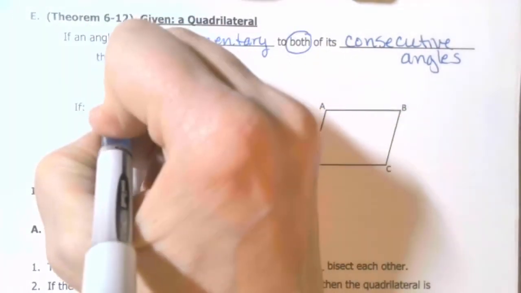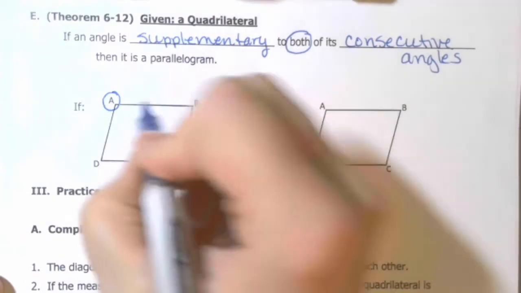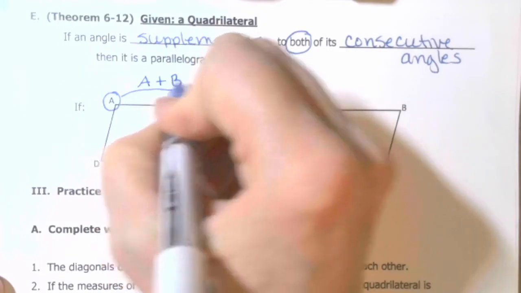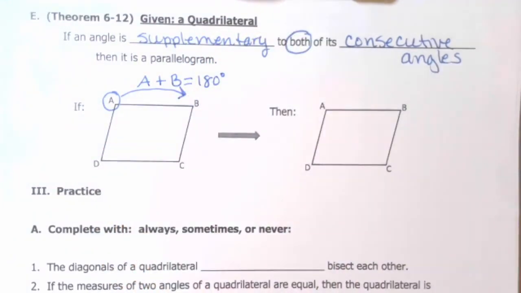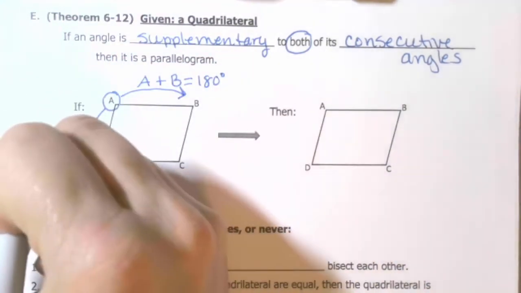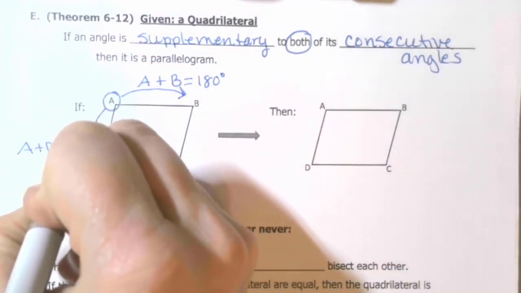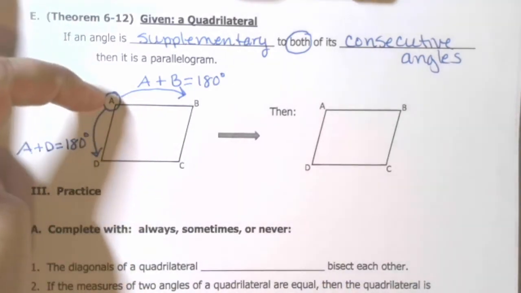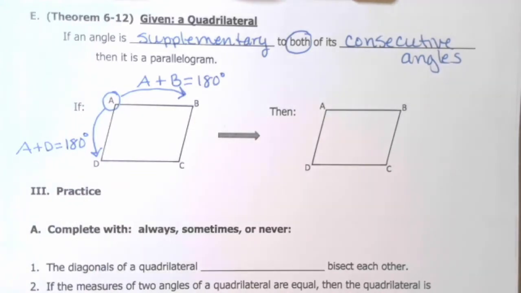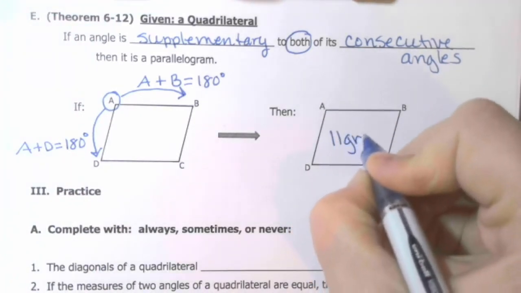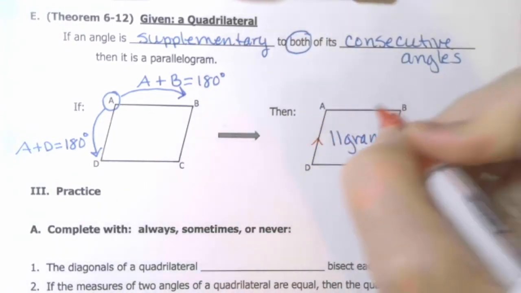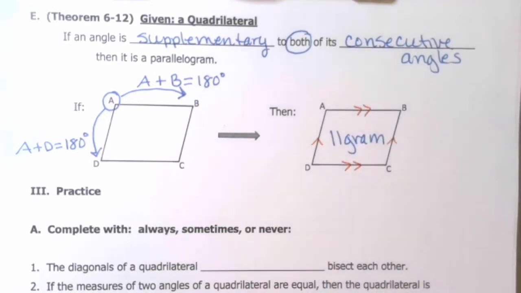Okay, so let's say that we have angle A, and B is one of the consecutive angles, and they're supplementary. So A plus B equals 180 degrees. The other consecutive angle is D, and A plus D is also 180 degrees. So A is supplementary to both consecutive angles. If that is the case, then you have a parallelogram. And again, that means left and right sides are parallel, top and bottom sides are parallel.